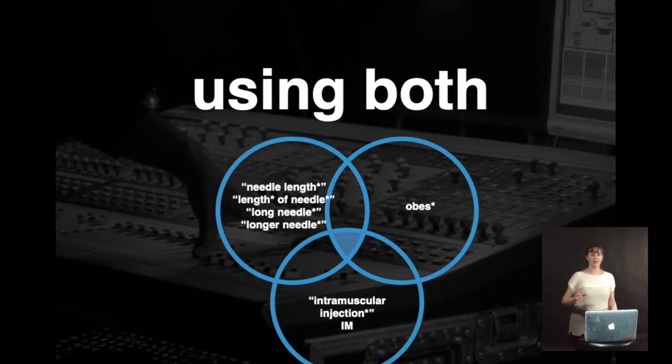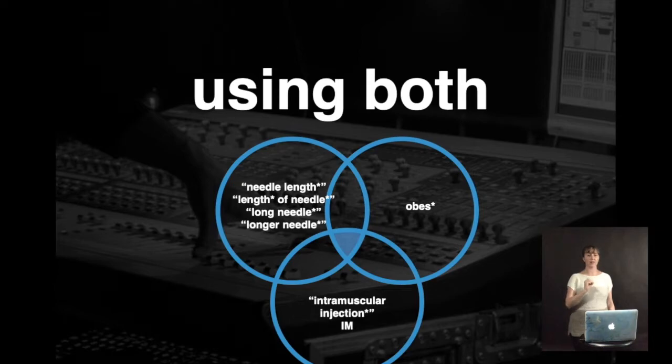The last thing, and I've kind of touched on it, and I'll touch on it again, is using both together. So ultimately, what I'm going to do is use or to connect needle length, length of needle, long needle, and longer needle, or to connect my obesity terms, and or to connect my terms related to intramuscular injection, and then take those three or statements or groupings and combine them with and to get any article in that center piece.